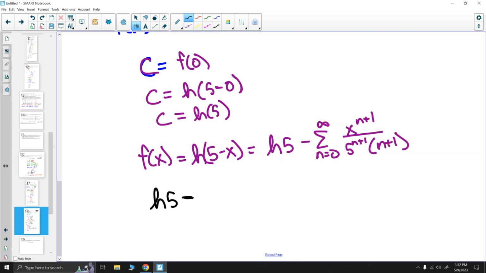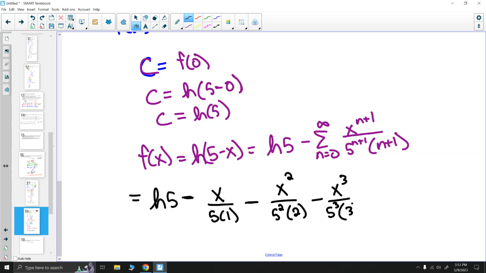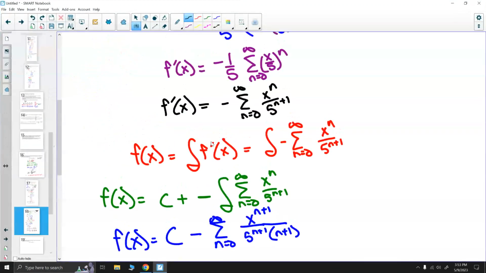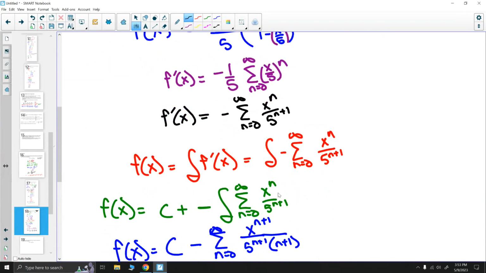Then we'd have minus, when n is 0, 0 plus 1 is 1, so that's x over 5 times 1, minus x squared over 5 squared times 2, minus x cubed over 5 cubed times 3, minus x to the 4th over 5 to the 4th times 4, minus dot dot dot. So let's go ahead and take a look at it. Oh, we should note, what about our interval of convergence?